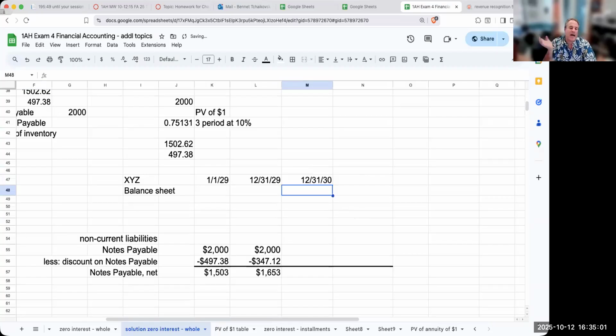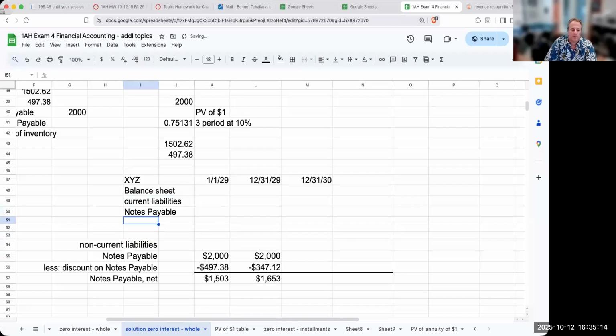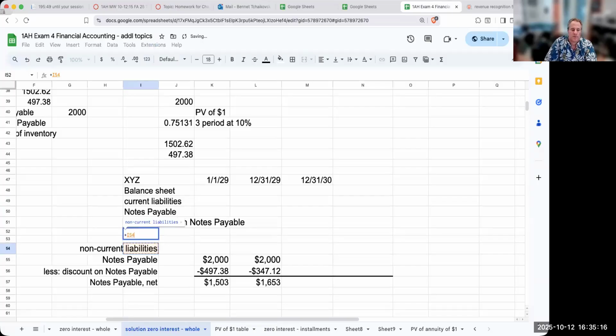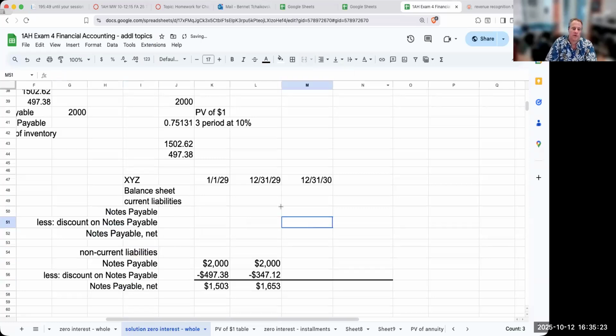I'm going to have to pay that $2,000 in the next year. So what I'm going to do is move this now to current liabilities. I'm going to have notes payable plus discount gives me notes payable net now as a current liability. That was a mistake I made on the other one.